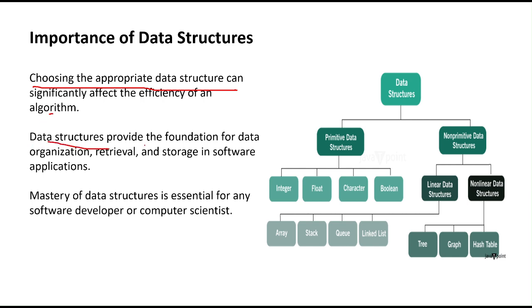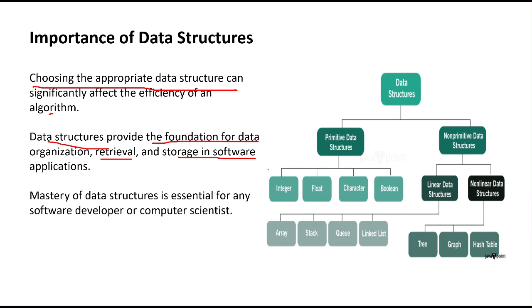Data structures provide the foundation for data organization, retrieval, and storage in software applications. Mastery of data structures is essential for a software developer or computer scientist. For the development of any software or programs, we mainly focus on data structures, how the data is handled, how the algorithms are run, and how efficiently. So these are the basic key concepts of data structures.